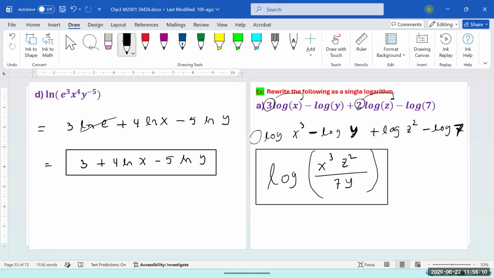The minus one is to the bottom. So this is actually the same as ln of e cubed x to the 4 divided by y to the 5. This is what you have. They are the same. The negative means it's on the denominator.